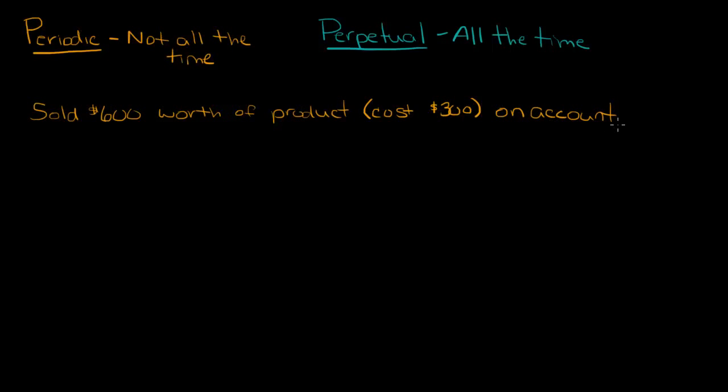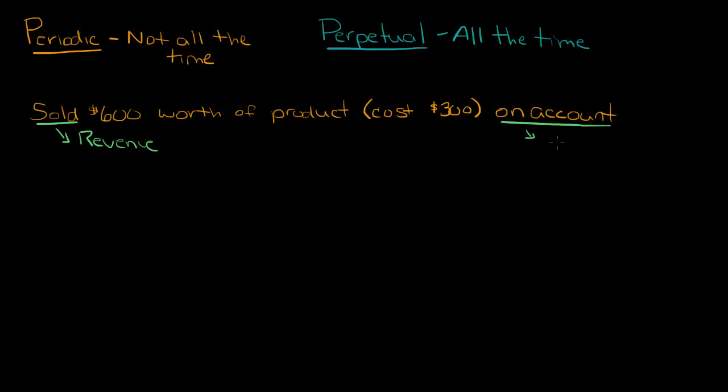So what does this mean? Sold means revenue. If we sold something, we're generating revenue. On account means we have not received payment yet.